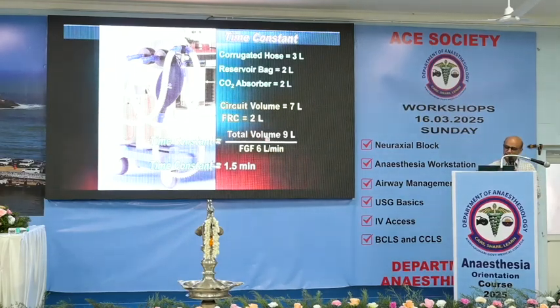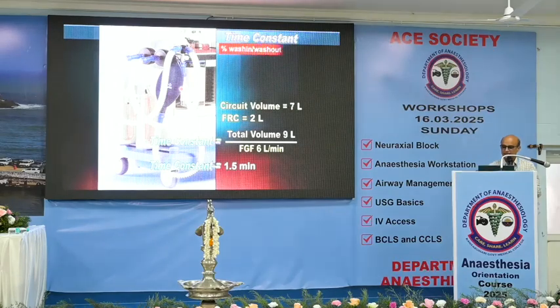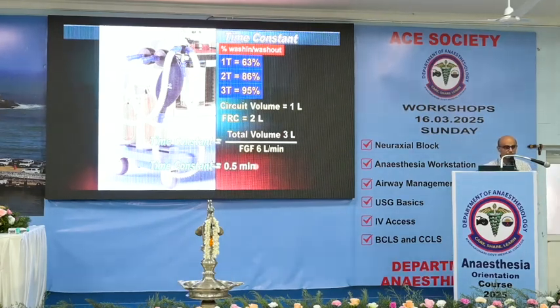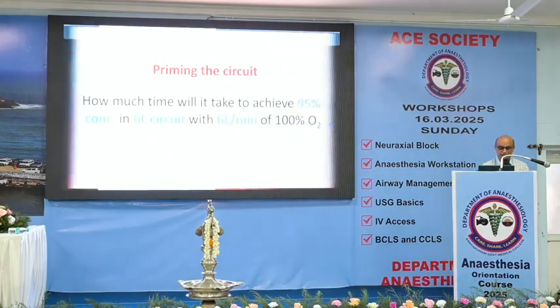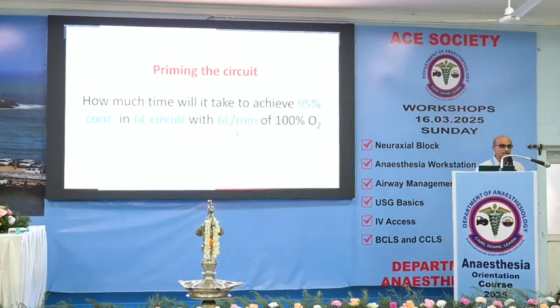Now let's say that we use a Bain circuit. Instead of this corrugated circuit, I reduce the circuit volume. If I reduce the circuit volume to 1 liter, then you will find that the total volume is 3 liters, and my time constant is 0.5 minutes or 30 seconds. Therefore, if you understand these concepts, you will now understand why we pre-oxygenate for 3 minutes.